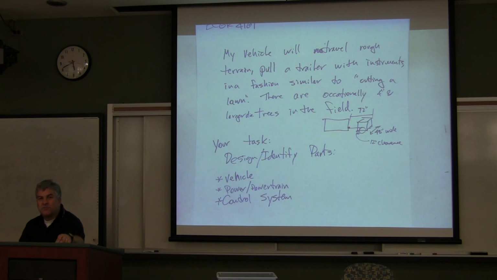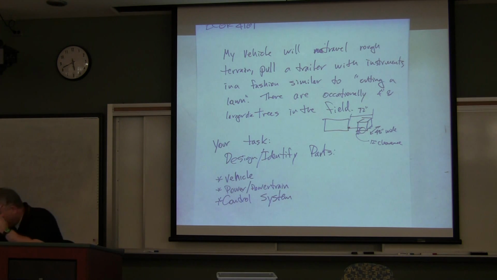Can you think of any bigger part of this entire system? Powertrain. I'm guessing software would be inside the control system. Well, you could say it is, and so we'll assume that software is inside of that.